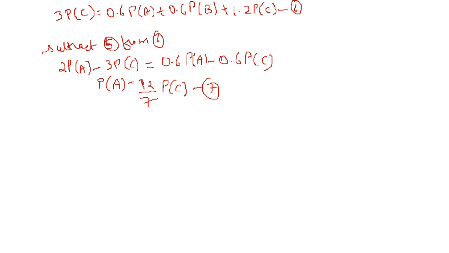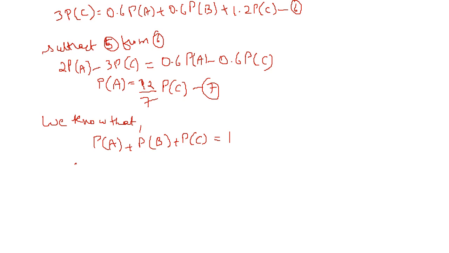Now we have the relationship between P of A, P of B and P of C, and we know that P of A plus P of B plus P of C should be equal to 1.